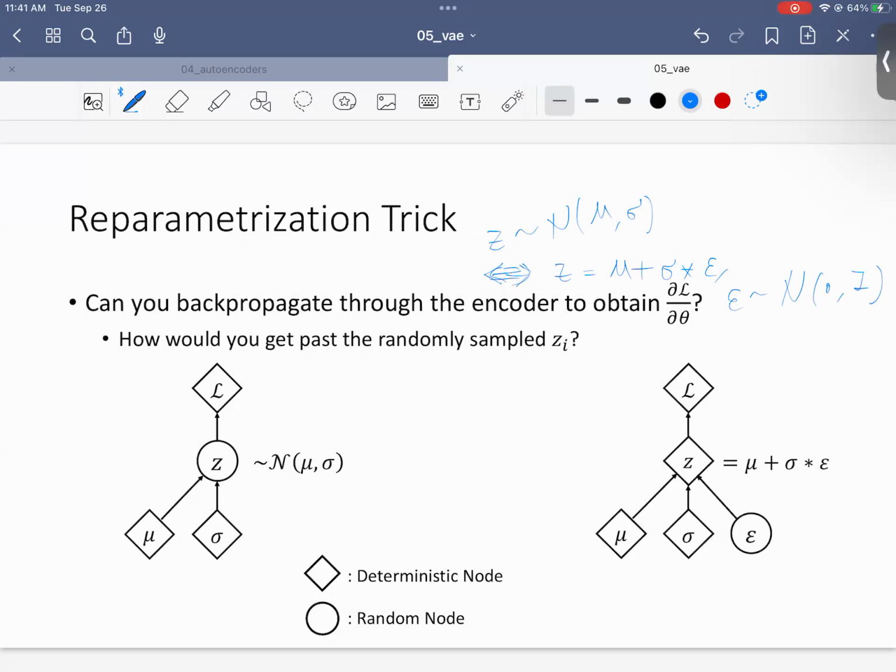These two are the same thing. So if Z follows this, then Z can be rewritten like this. And the only stochasticity, or randomness, comes from the epsilon, which follows this standard Gaussian distribution.